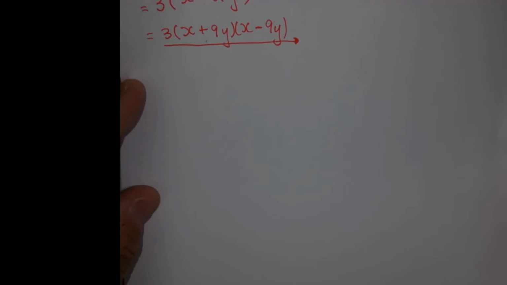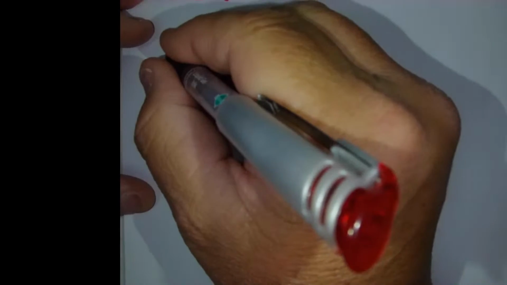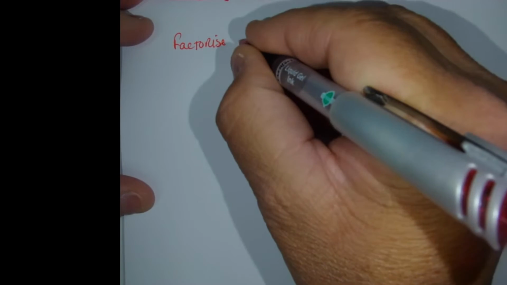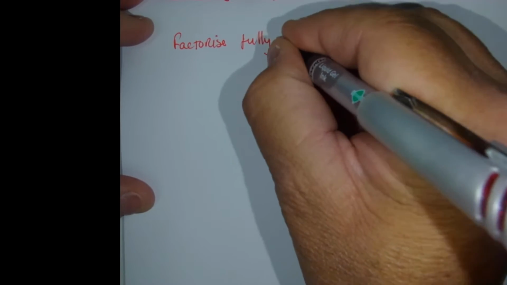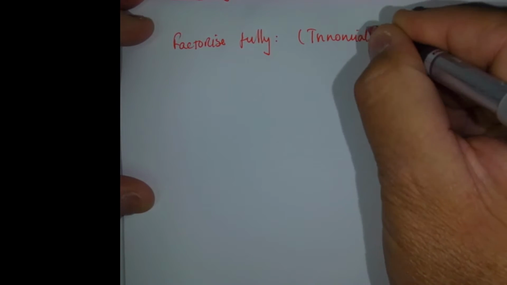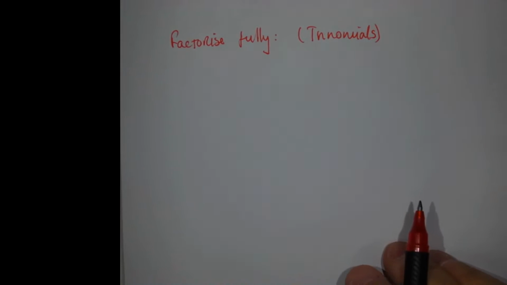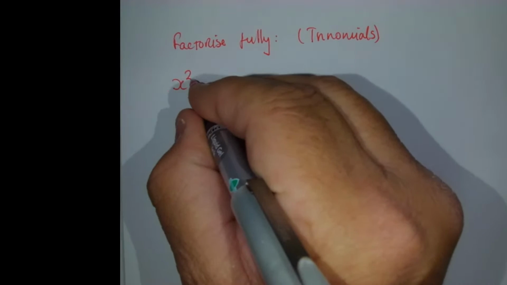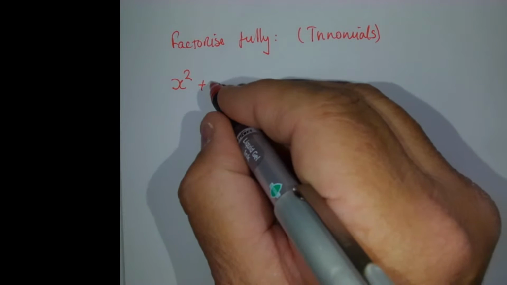Let me just use the same paper here. What I'm going to do now is take a look at how to factorize trinomials, and still remember I'm factorizing fully. Let me take a couple of examples of trinomials and then we'll see how we factorize them. I'm going to start with x squared plus 12x plus 27.